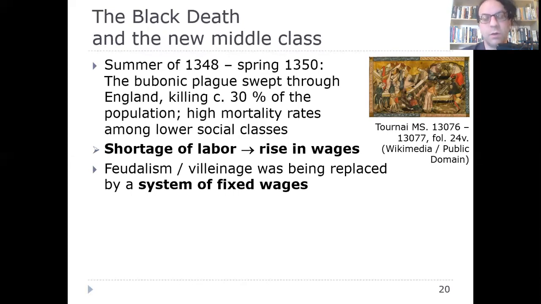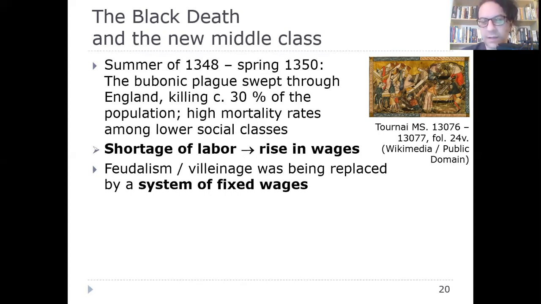That was basically the earlier system. And this was now being replaced by a system of fixed wages. This might actually be the beginning of paying money for time, right? So that's kind of the way we see things today. I work for a certain time, and you give me money for that time that I invested in work.